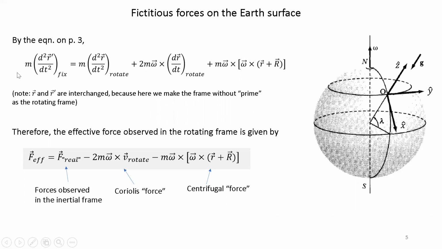The whole thing on the left hand side I'll call the effective force. This effective force is the F real, which causes the accelerations in the fixed frame, times m. The two terms with the minus sign are the Coriolis force and the centrifugal force respectively.